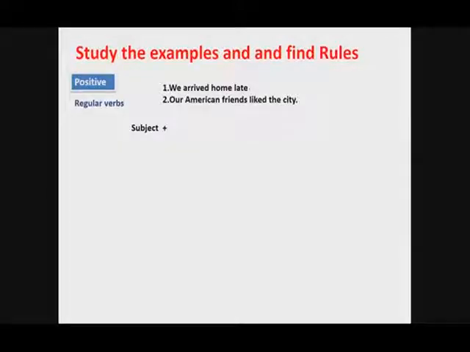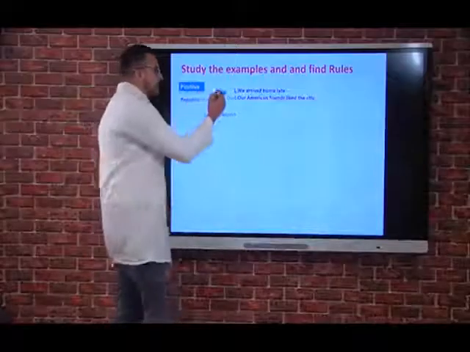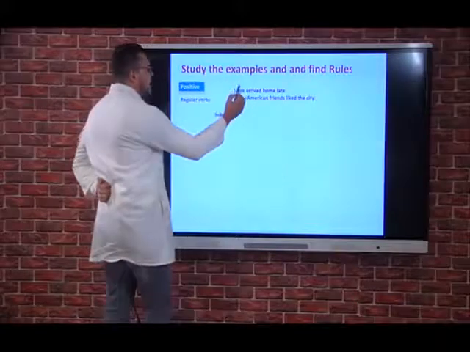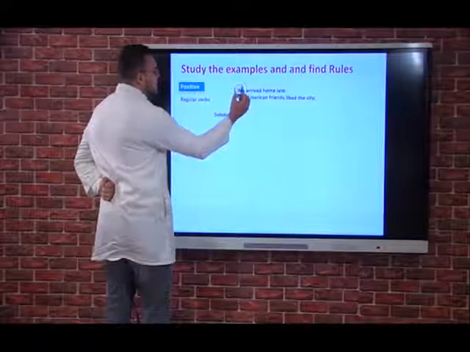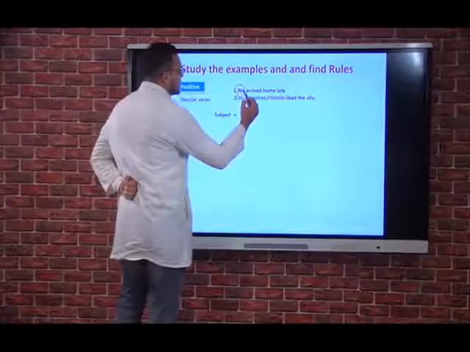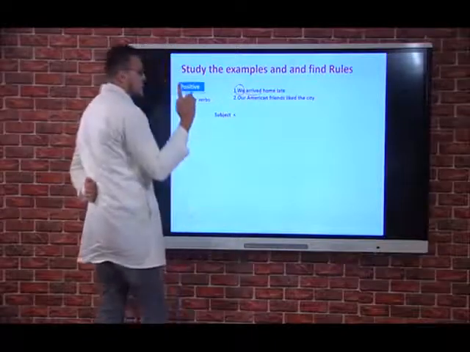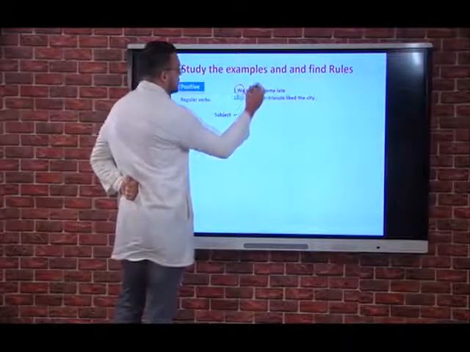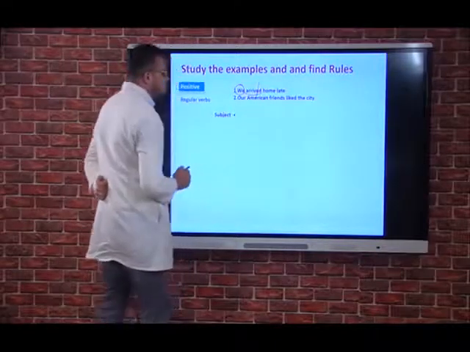Number 2, our American friends liked the city. So we need a subject plus what? Let's see what we have in example number 1. Here the subject pronoun is we plus, what is this in here? That's it. This is the verb to arrive.